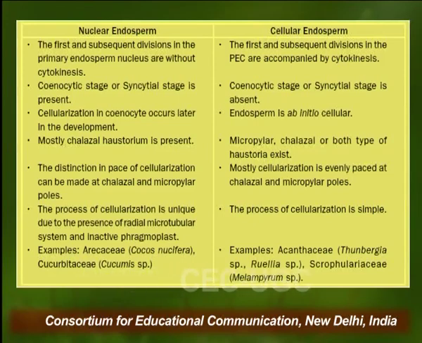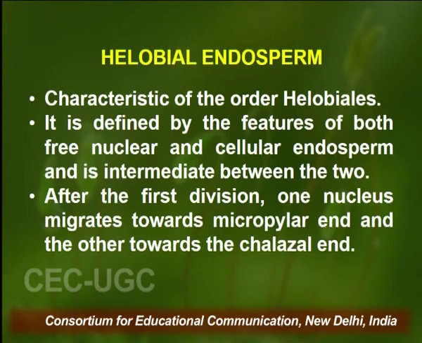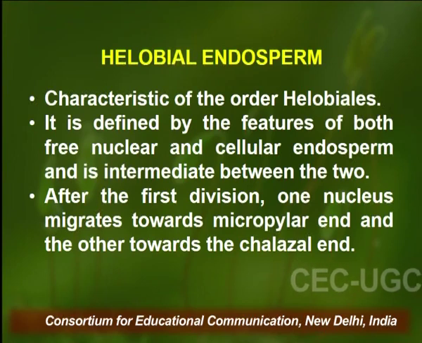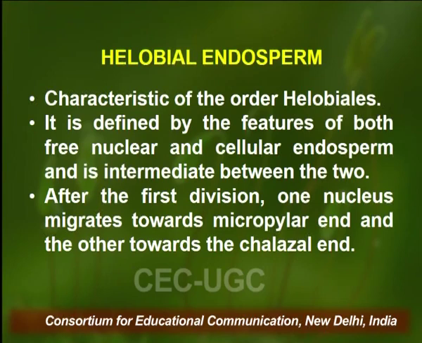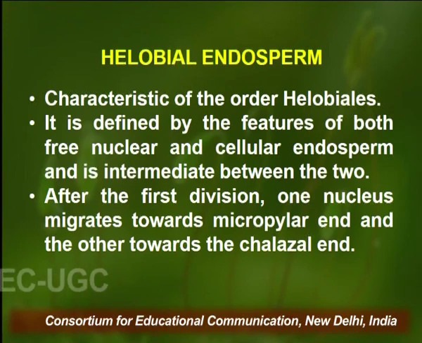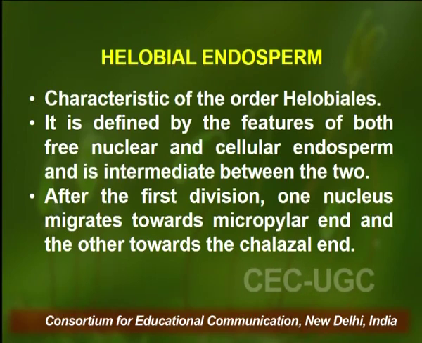Okay. Then we talk about the third, the Helobial type of endosperm. Now, this is called Helobial endosperm because it is a characteristic feature of the order Helobiales. It is defined by the features of both free nuclear and cellular endosperm, and this is the intermediate between the two. After the first division, one nucleus migrates towards the micropylar end and the other towards the callosal end.